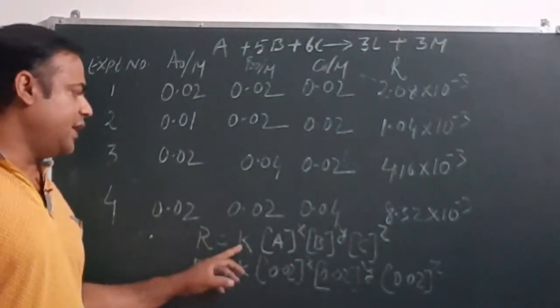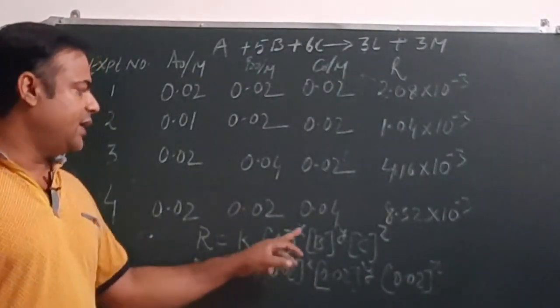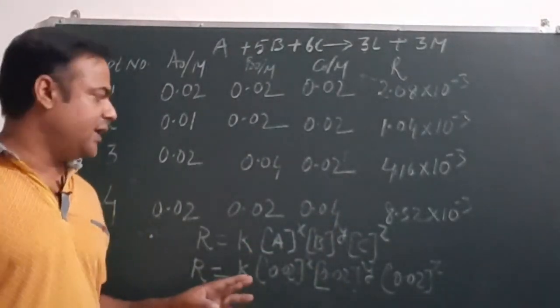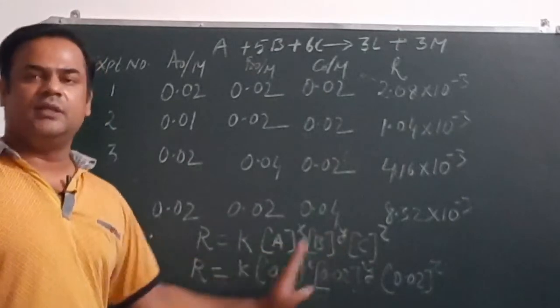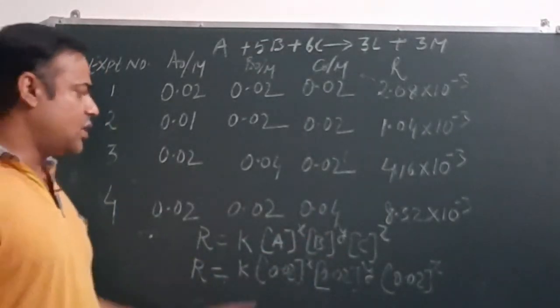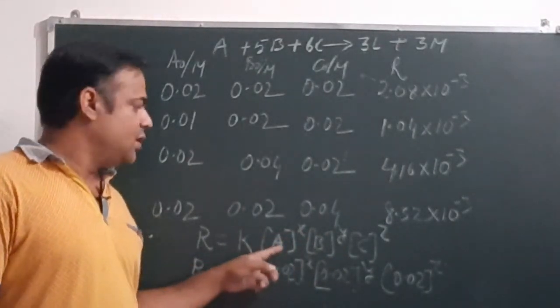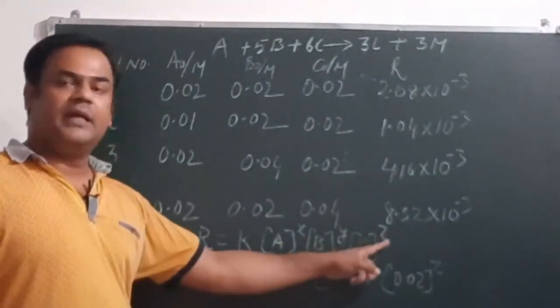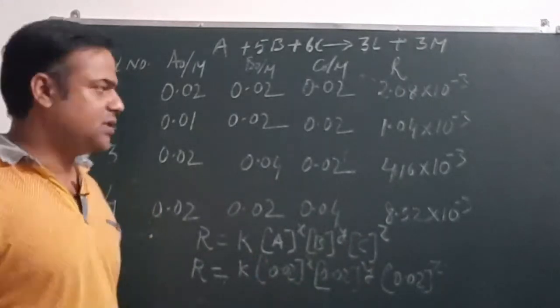R equals K, A to the X, B to the Y, C to the Z, where X, Y, Z are the orders of reaction with respect to A, B and C respectively. X is the order with respect to A, Y is the order with respect to B, and Z is the order with respect to C.